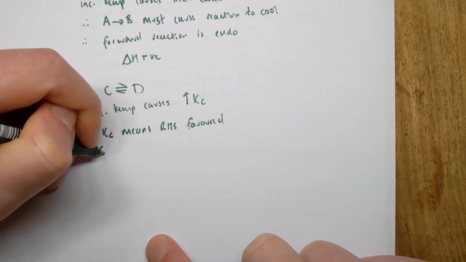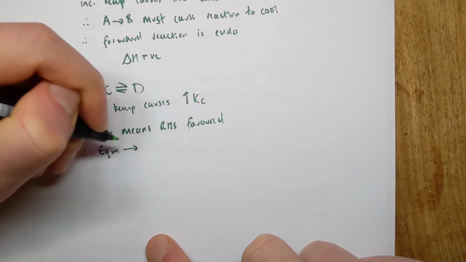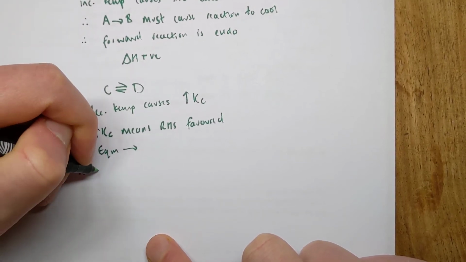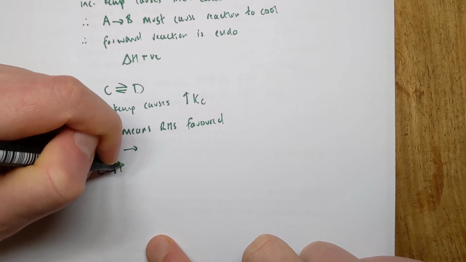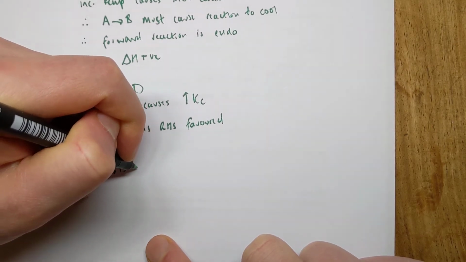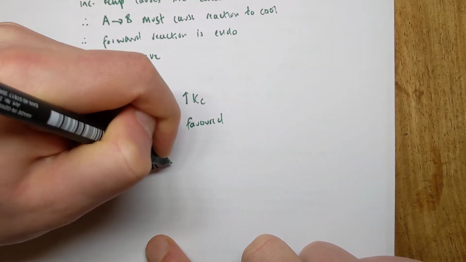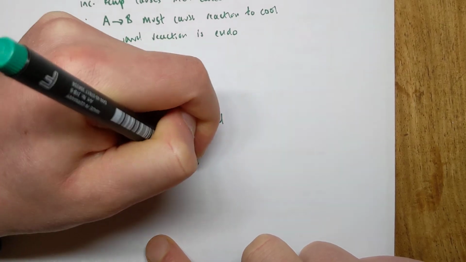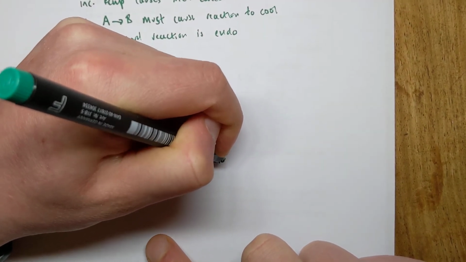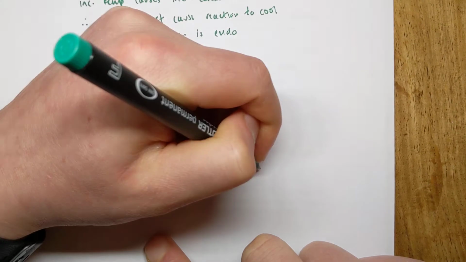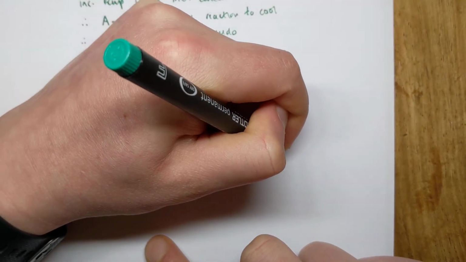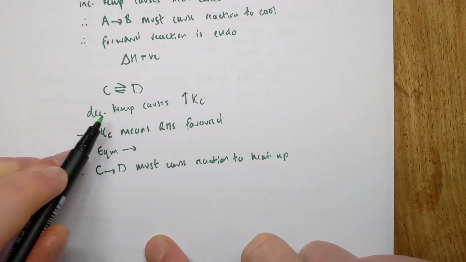That means the equilibrium must have moved to the right hand side. That means that the C to D reaction, the forward one, must cause a reaction to heat up. Why I'm saying that is decreasing the temperature causes a change.